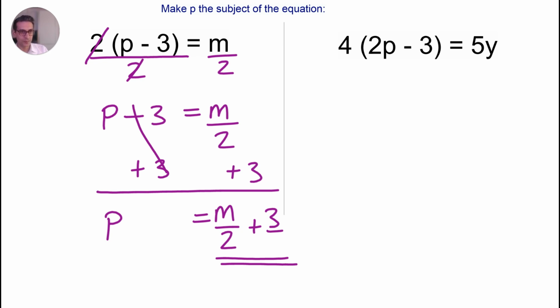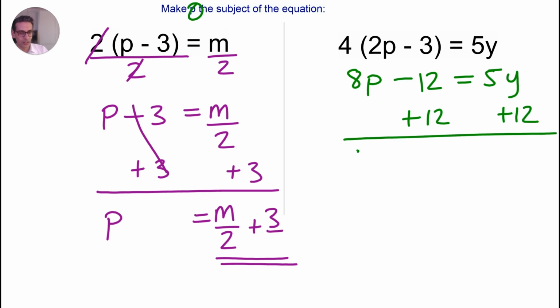And the question on the right, now we can divide or expand. Let's do expansion in this case, so we can try the other method. This will be 8p, take away 4 times 3 is 12, is equal to 5y. We want to isolate p, so I'm going to add 12 to both sides.